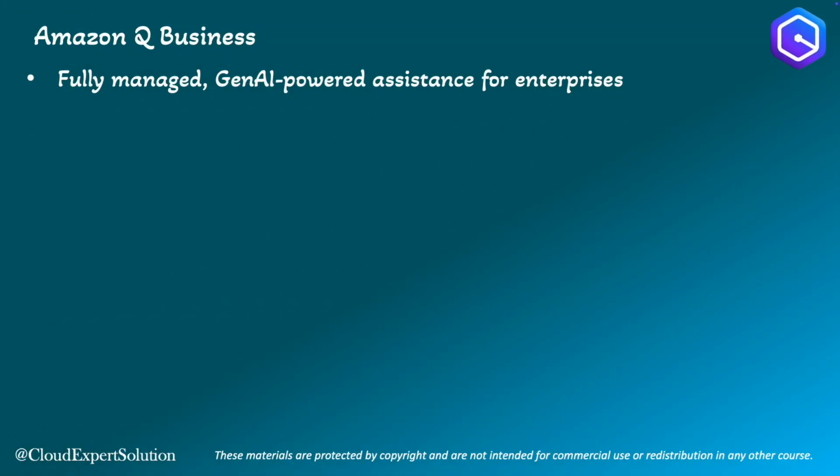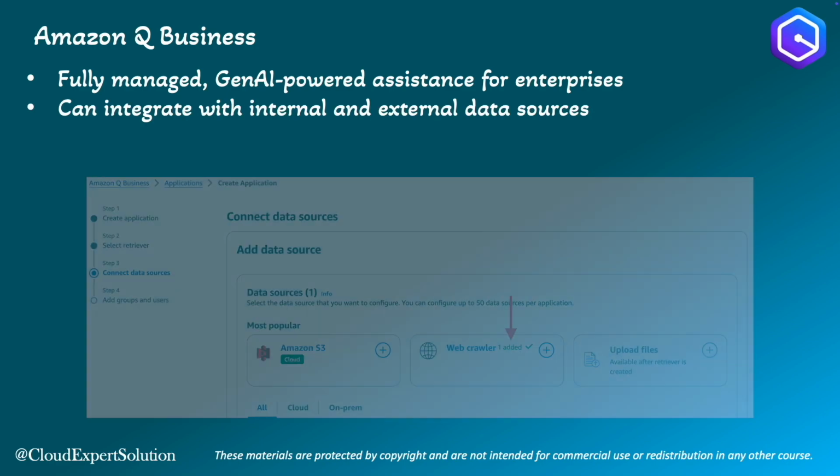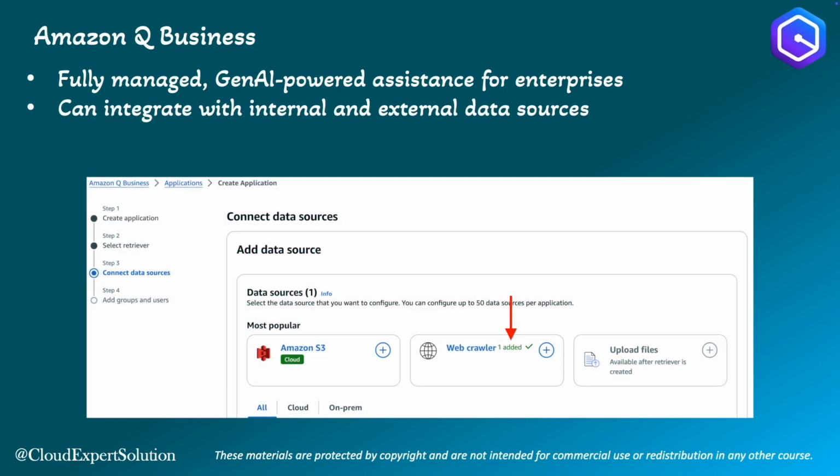Amazon Q Business is a fully managed generative AI powered assistant designed to help enterprises streamline tasks and accelerate problem solving. You can integrate Amazon Q with internal and external data sources to provide accurate and permission aware responses to your user queries.